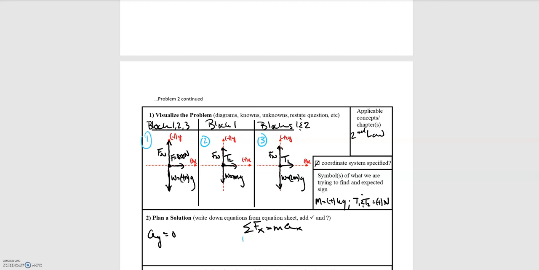So let's remind ourselves what our plan is. Using the first free body diagram, we are going to be solving for mass. The second free body diagram, we are going to solve for T2. And then the third free body diagram, we're going to solve for T1.